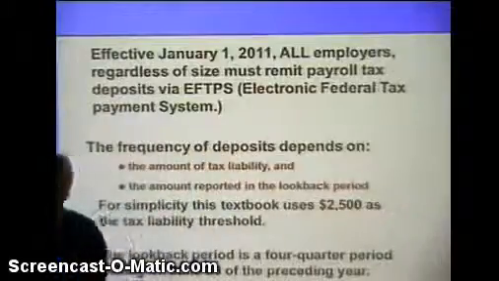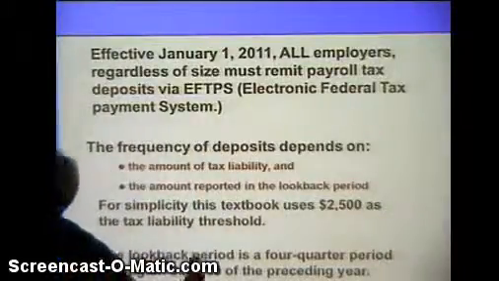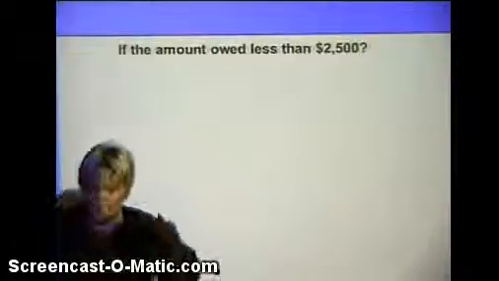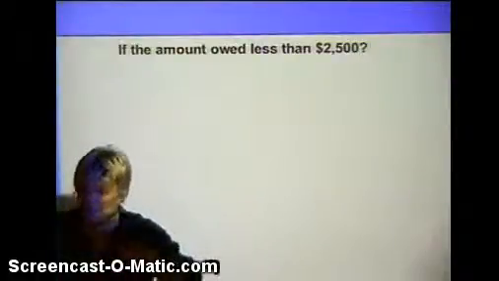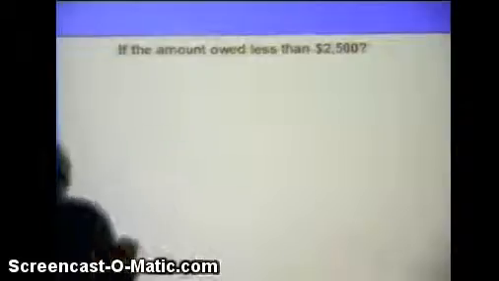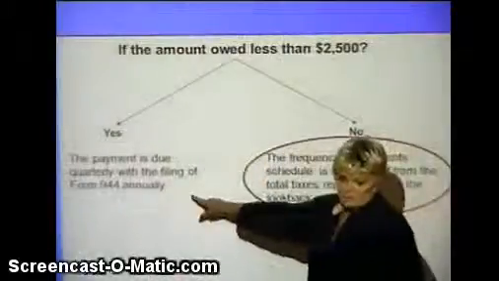Okay. It's just like a formula. You've got to look back during those quarters, okay? All this is law. And you really need to read it very carefully because it gives you each little requirement. So, if the amount owed is less than the $2,500, then the business can file quarterly.